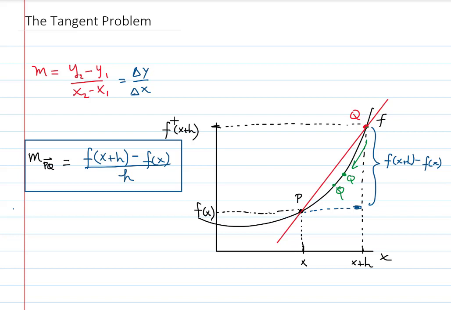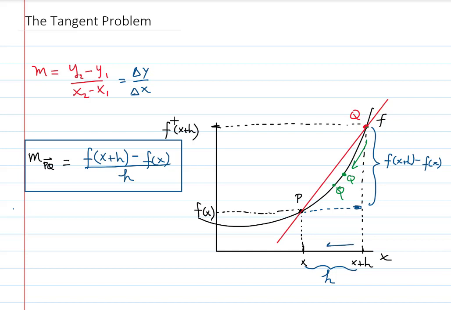Also, looking at this difference quotient here, remember this h is this distance here. So actually let me mark it over here. This is h, guys. So as this point Q is getting closer and closer to P, approaching P, that's the same thing as saying this distance h is getting closer and closer to 0, because as Q is moving towards P, this distance is getting smaller and smaller, right?